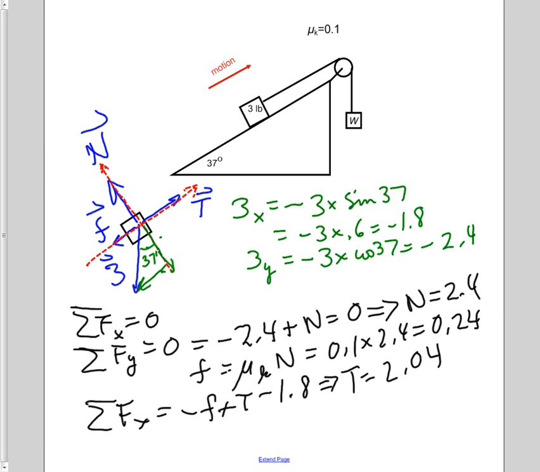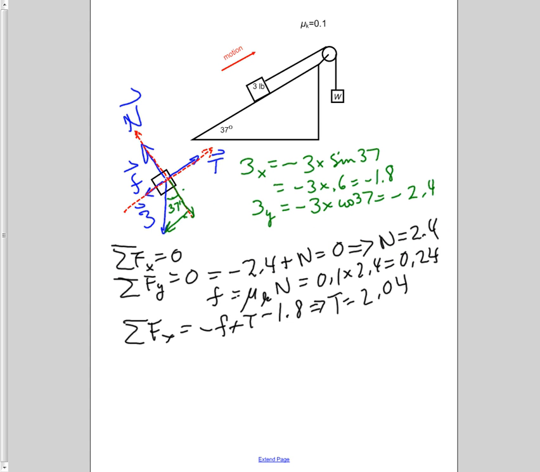Now that I know what T is, basically what I have is the tension, and so finally I need to find the weight.